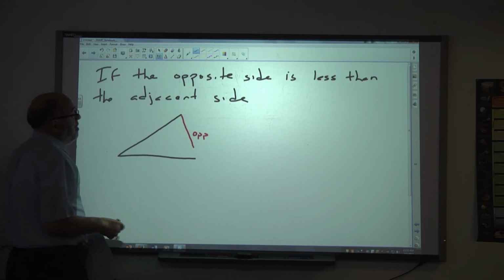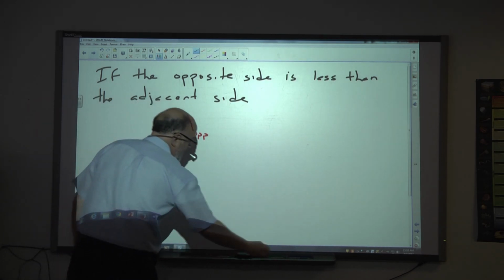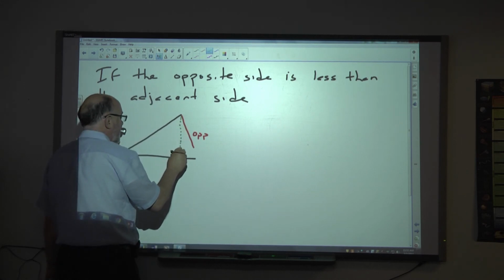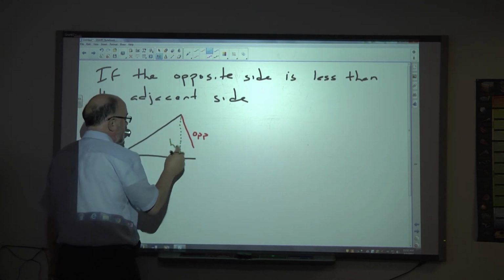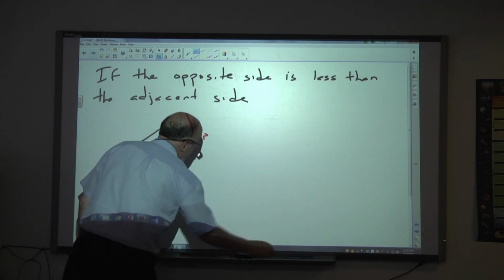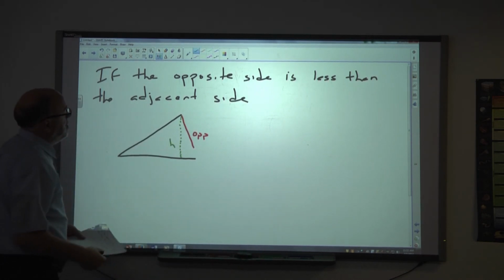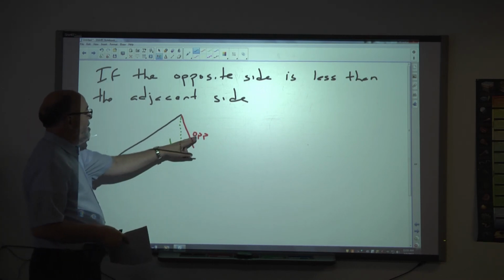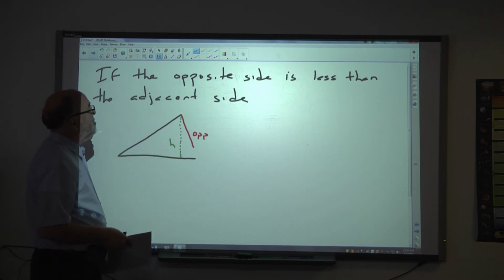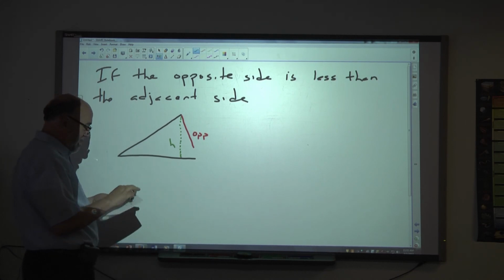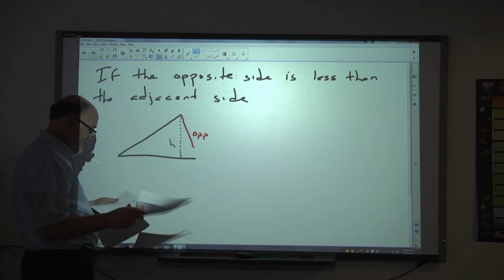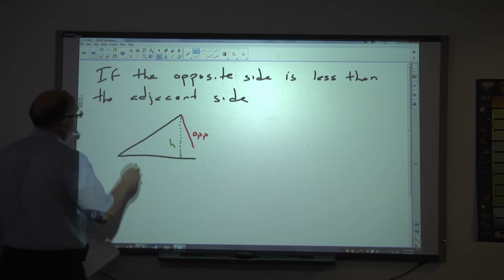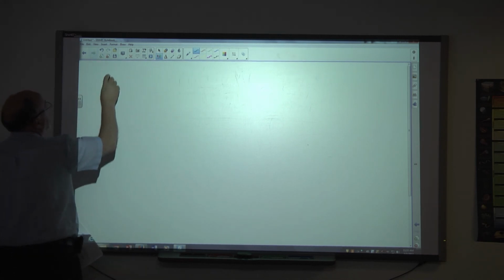Then we have to worry about what is the height of this triangle, that perpendicular drop. Okay. So that's height. Because depending on what we have going on here, it could be that this doesn't reach to make a triangle, or it could actually make two triangles.